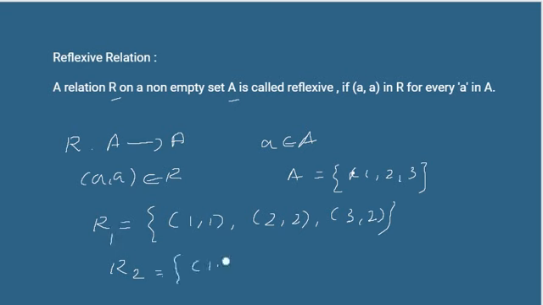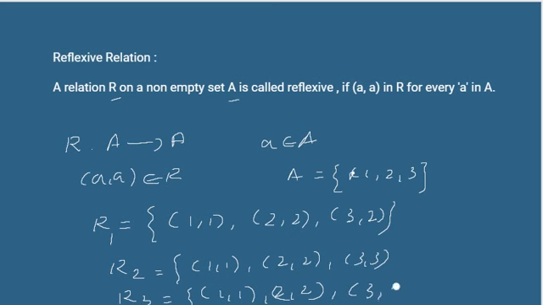R2 is equal to {(1, 1), (2, 2), (3, 3)}. One more I'll take: R3 is equal to {(1, 1), (2, 2), (3, 2), (3, 3)}. Let us see which of these relations are reflexive.